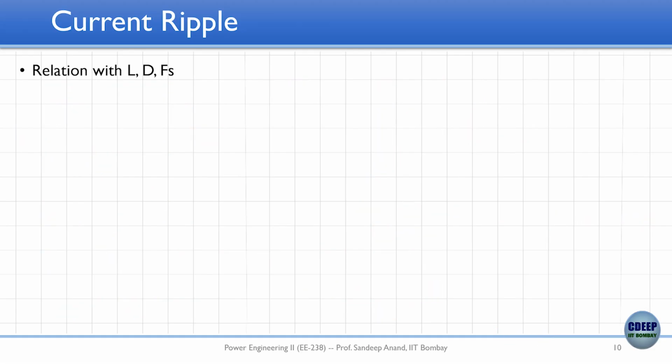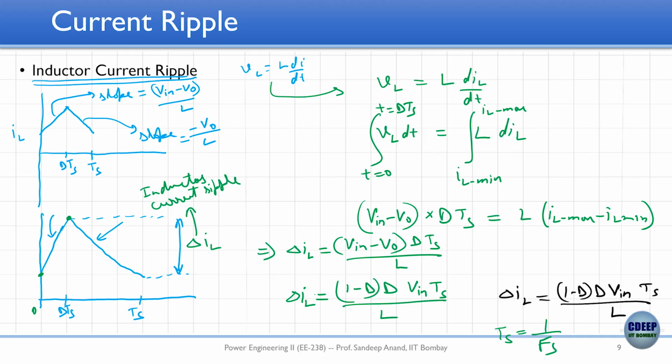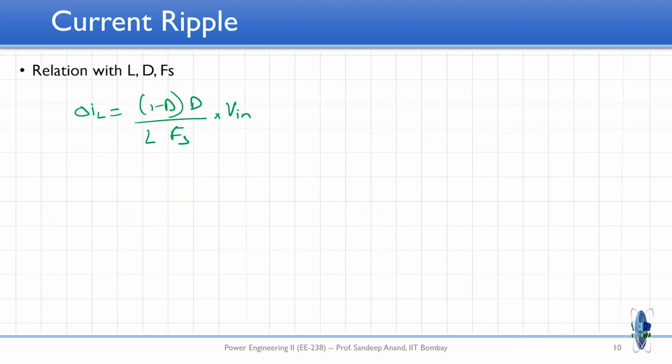So let me just rewrite the expression. Delta IL is equal to 1 minus d times d upon L Fs into Vin, right? That's the right expression. So in this case, you can see that as L increases, ripple reduces.